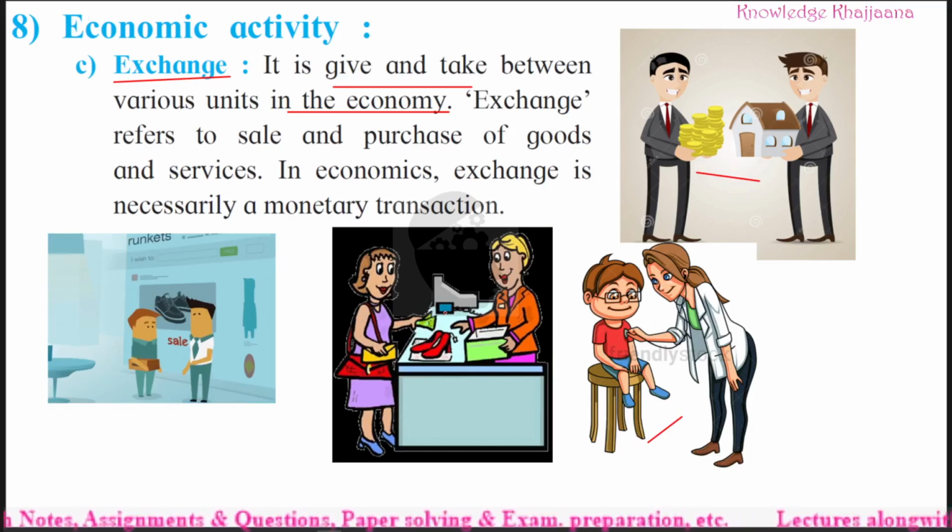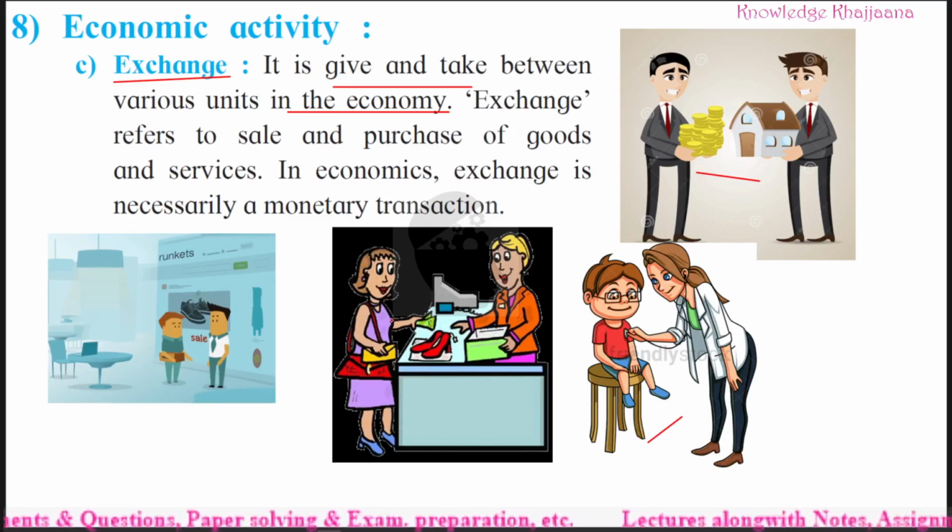She will make the bill of whatever this consumer has purchased, and show her the amount, and this lady has to give her the money. So the supermarket has given her the goods, and in return for those goods she has exchanged the money. So exchange is the give and take activity between two units in the economy.